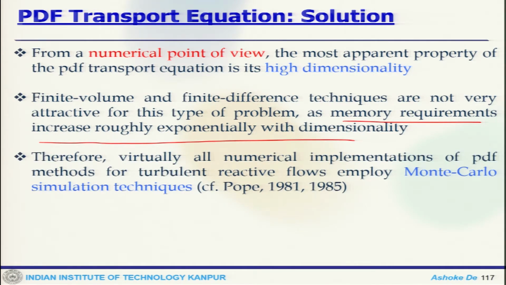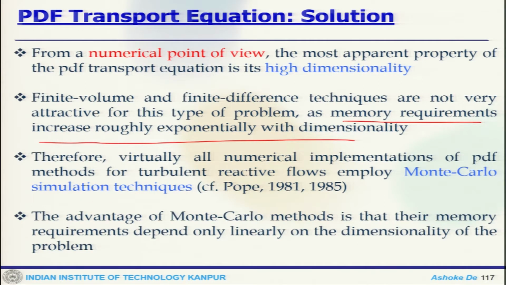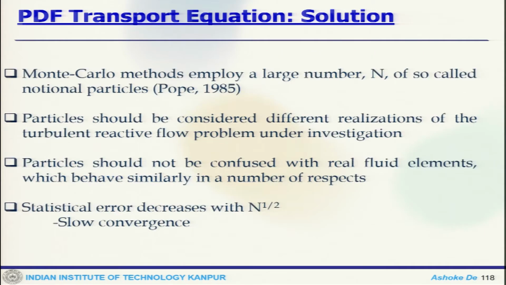Virtually all numerical implementations use Monte Carlo particle based methods, where the memory requirement is not large and high dimensional problems can be handled. This uses a large number of particles, called notional particles.